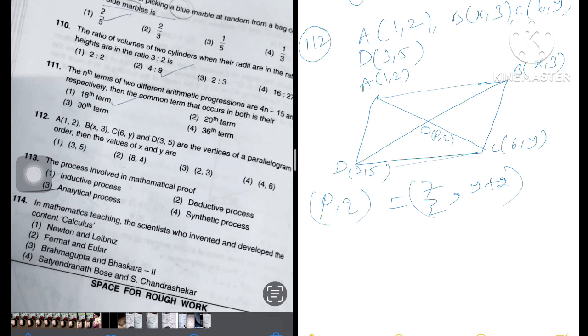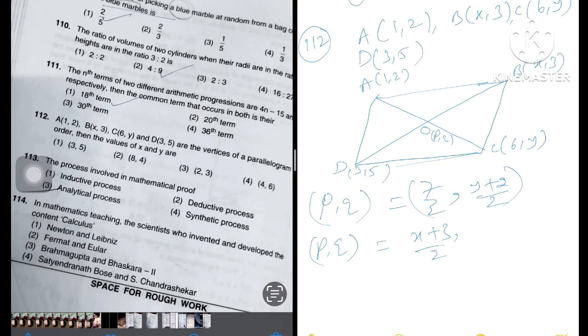Again, taking B and D, P comma Q will be x plus 3 by 2, comma 3 plus 5, 8 by 2.